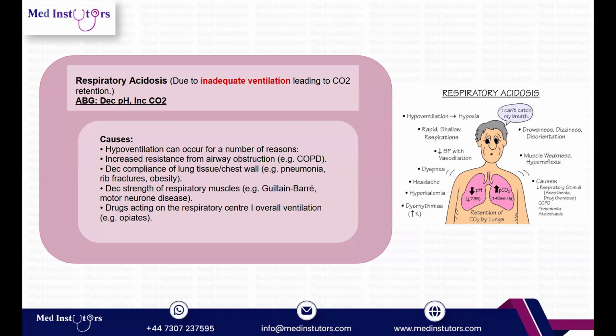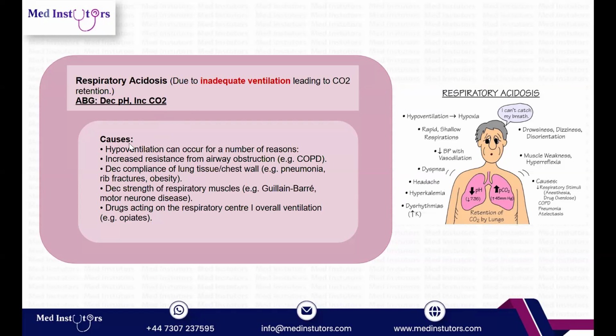Because the reason for that acid in the blood is carbon dioxide, because carbon dioxide is an acid. Why does this happen? Due to inadequate ventilation leading to carbon dioxide retention. What would be your ABG interpretation? Acid means decreased pH and increased carbon dioxide. So this is the simplified version of interpretation of ABGs.